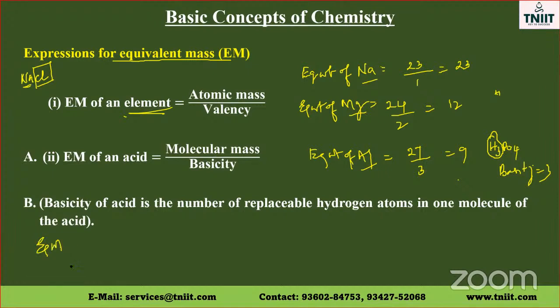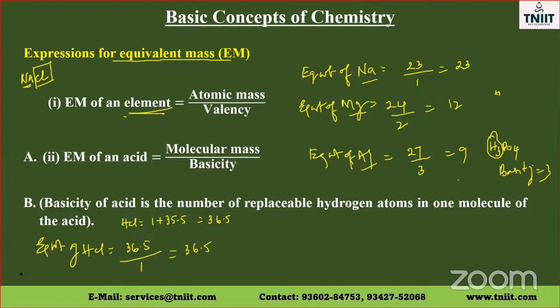The molecular mass of hydrochloric acid: hydrogen is 1 and chlorine is 35.5. So the molecular mass is 36.5. And the basicity of hydrochloric acid is 1. Therefore, it is 36.5 divided by 1.